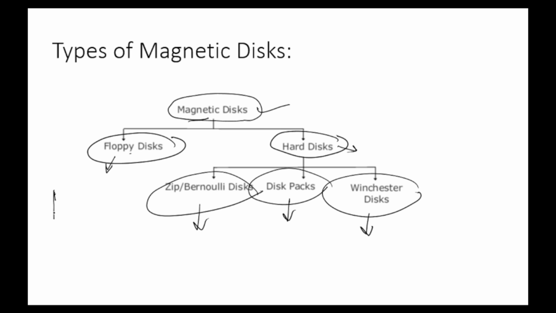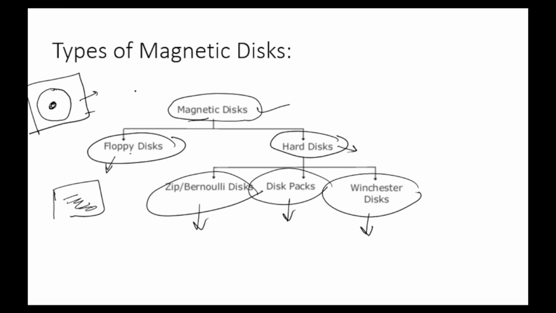It is encased in a square plastic, or we can say a vinyl jacket cover. This is called the vinyl jacket cover. The jacket gives handling protection to the surfaces of the disk which is placed inside it.